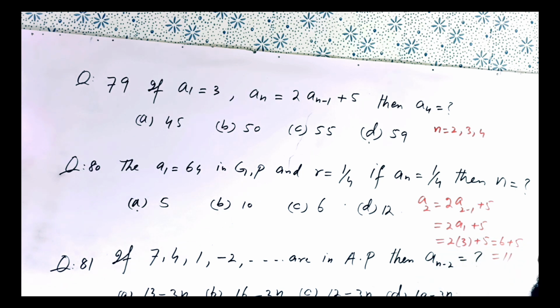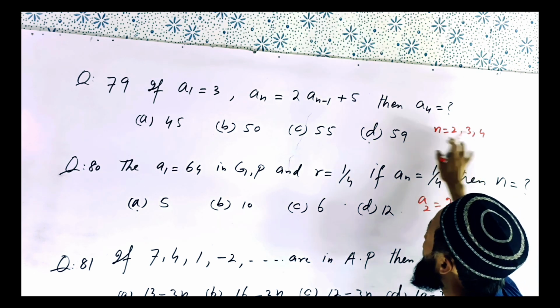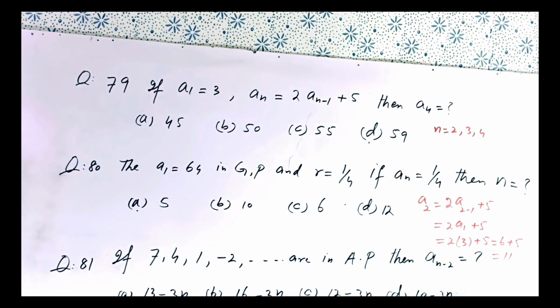Second term we get here 11, and similarly put n equal to 3 in the given term formula. a3 is equal to 2, I put directly 3 minus 1, 2 plus 5. Here 2 into 11 plus 5. Here we get 22 plus 5, 27.